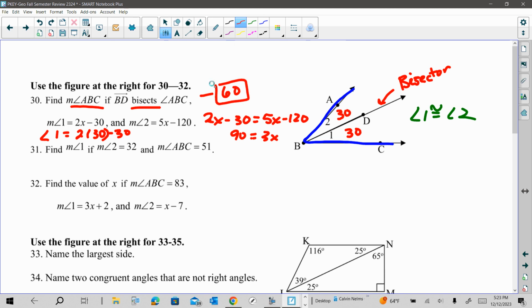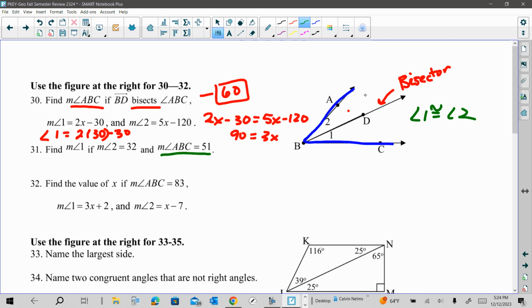Now for 31, we're not doing it algebraically. We're pretending it now has this new measure. Sorry, right here where it says that the measure of ABC is 51. So this whole thing is 51 and angle 2 is 32.